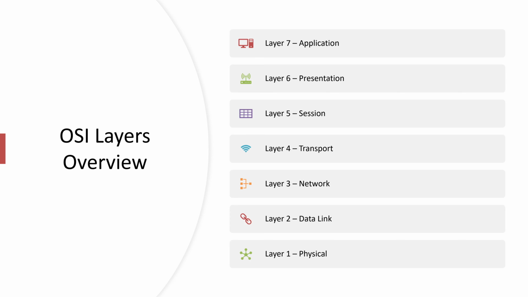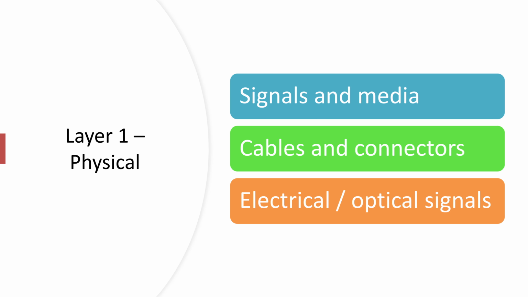Now, layer 1, the physical layer, deals with the actual transmission of raw bits, zeros and ones. It includes cables, connectors, voltages, light signals, radio waves, and timing as well. The physical layer does not understand data, addresses, or applications; it only cares about whether a signal exists or whether it can be transmitted.